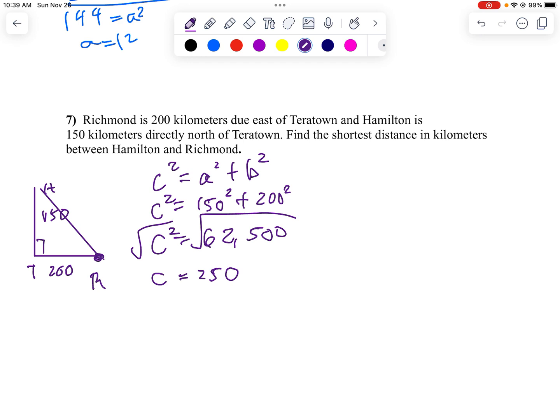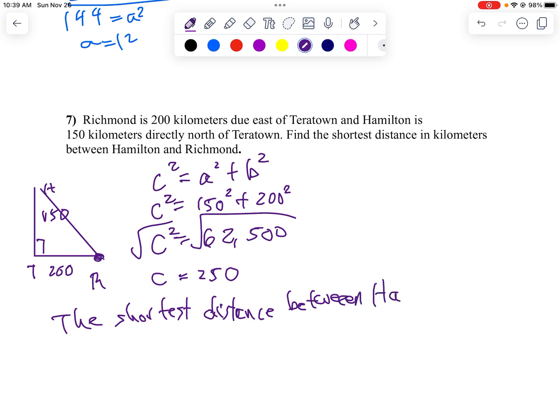I'll say the shortest distance between Hamilton and Richmond is 250, and then kilometers.